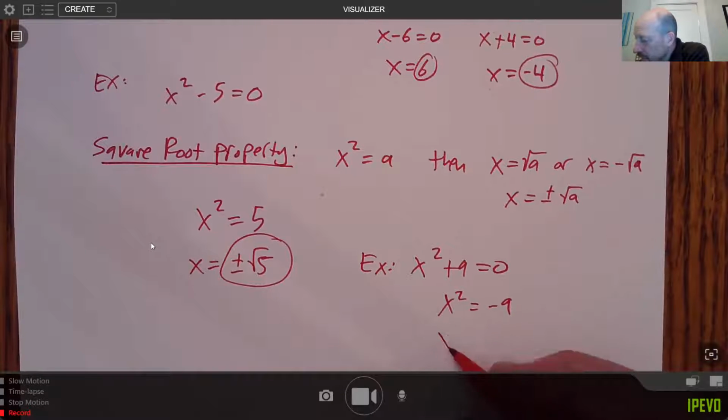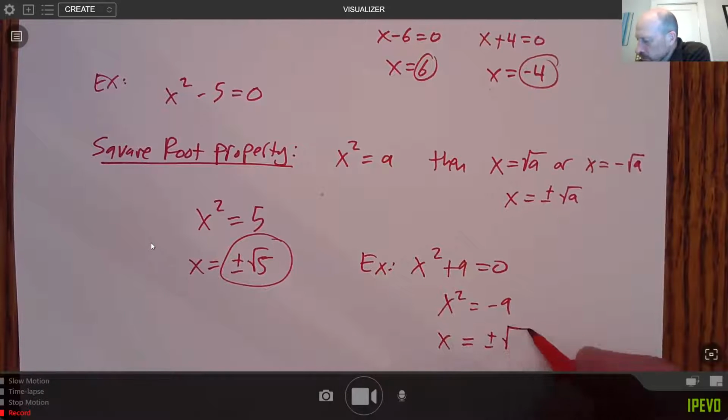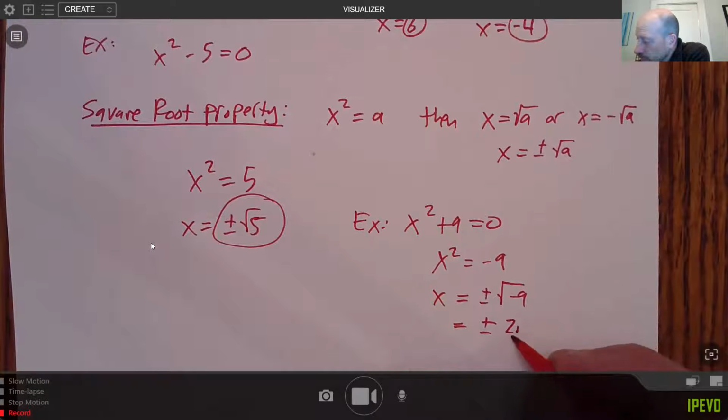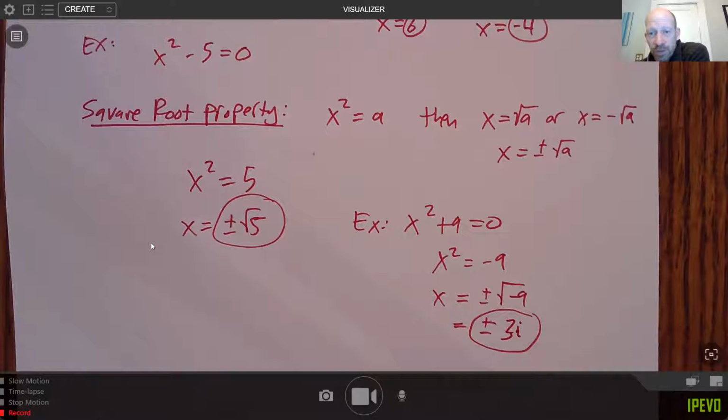It's a negative 9, but after our work in the last section, we know that that value is an imaginary number, but those are still two numbers. So imaginary numbers are fine here. A lot of our solutions are going to be imaginary, and I still get two solutions.